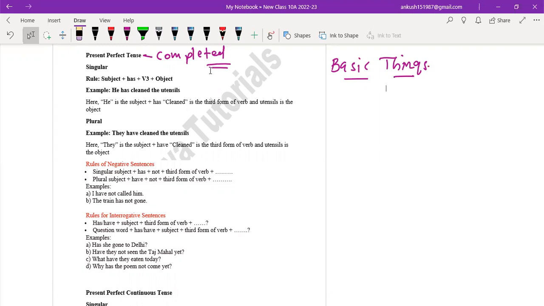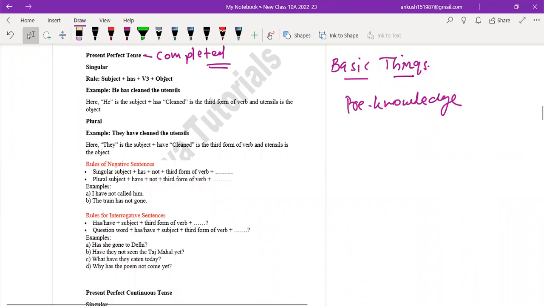Means we sit in the class with prejudices, with some pre-knowledge, and that is very dangerous. Whenever you sit in any class, just sit like you do not know anything. Then only you will be able to understand the concept properly.